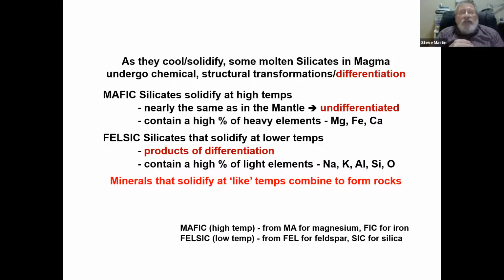And so there's really two types of silicates in that case. What are called mafic silicates solidify at high temperatures. And so they're nearly the same as the ones in the mantle. They're undifferentiated for the most part. But the interesting thing about them is that they contain mostly the heavy elements, magnesium, iron, and calcium in the list that I showed.